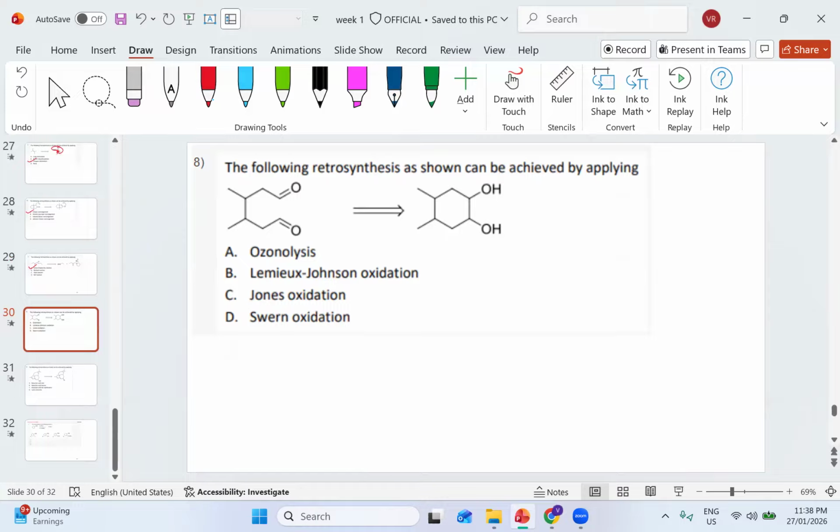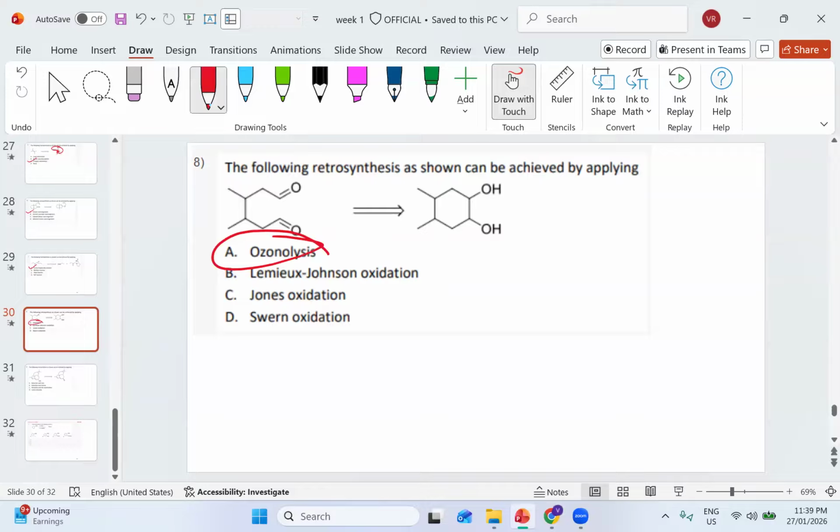The eighth question is the following retrosynthesis as shown can be achieved by applying either ozonolysis, Swern oxidation, Jones oxidation, or Lemieux-Johnson oxidation. I'm not pretty sure about this Lemieux-Johnson oxidation, but why I go directly to this option is because if you look at ozonolysis, what will happen if you do the ozonolysis on this molecule?